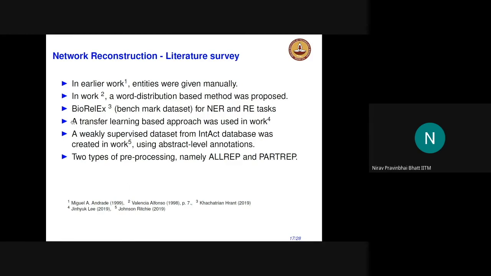Just a couple of years ago, the first benchmark data set was produced, a very small data set, but still for NER and RE tasks, not for a graph reconstruction task. Graph reconstruction from the sentence is still what we call a novel problem. We sometimes have difficulty explaining it to the community.